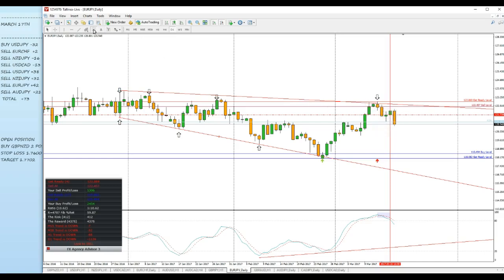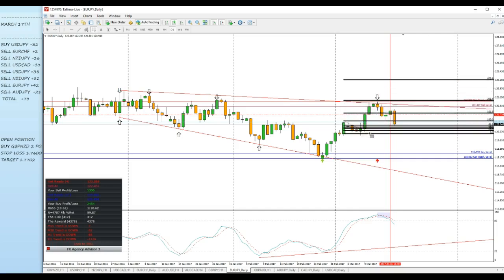If I use extensions, and this lesson is just showing you how to appreciate the levels of support and resistance using Fibonacci extensions, but to learn how to draw them would have to take another video, and I'll do that much later. So I'm just going to show you.